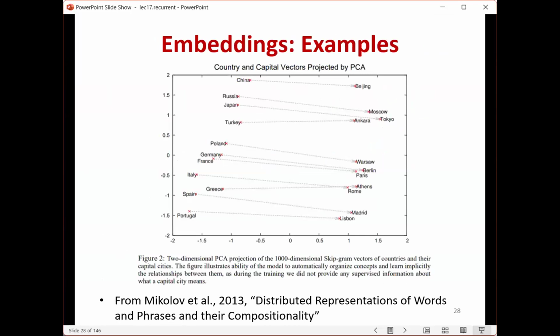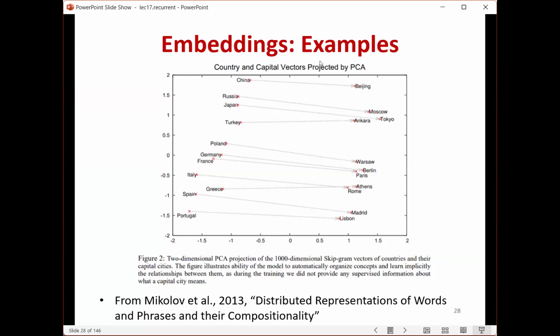Regardless, when you did it, you ended up getting very nice results of this kind. So once you project it down in the lower dimensional space, you would often find relationships like this. See the relationship, the vector distance between China and Beijing. It's very similar to the vector that connects Russia to Moscow, Japan to Tokyo, Poland to Warsaw, right? So the arrangement of words seems to capture semantic relationships.